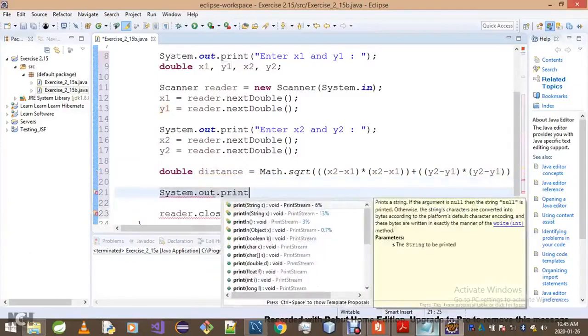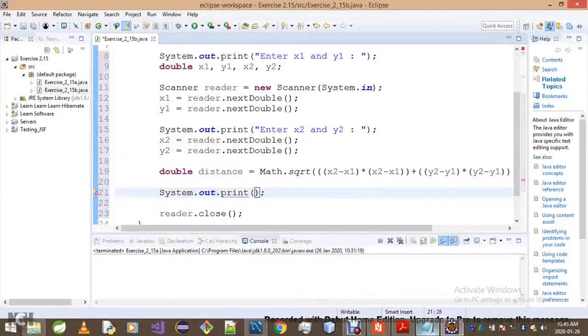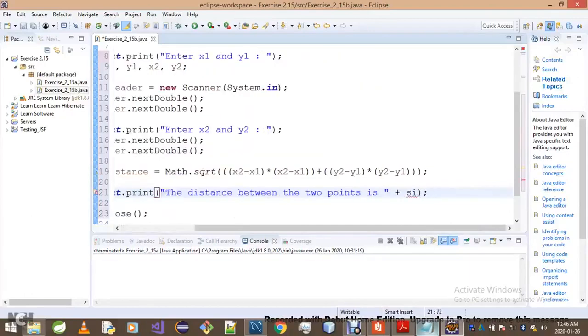System.out.print the distance. Where did I get the word minimum from? The distance between the two points is distance.